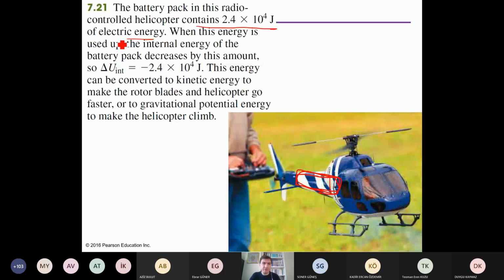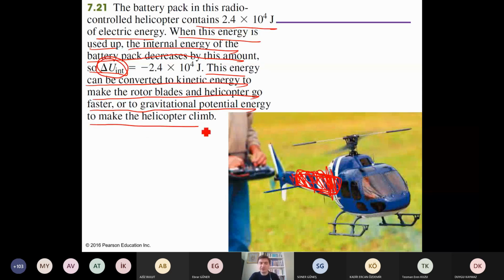When this energy is used up, the internal energy of the battery pack decreases by this amount. So this is the change in the internal energy of the battery pack here.